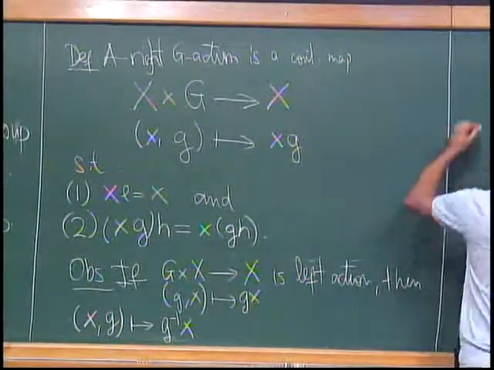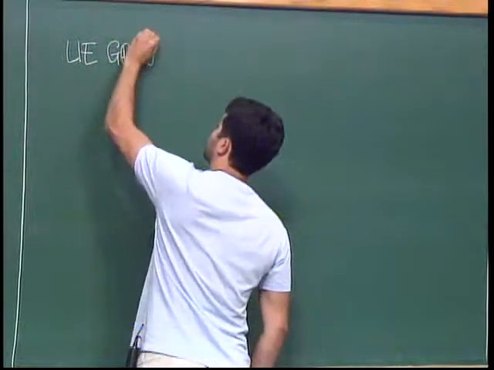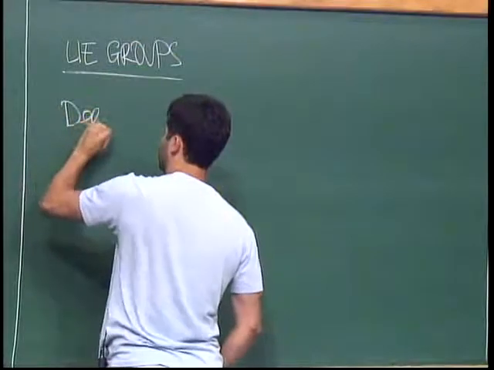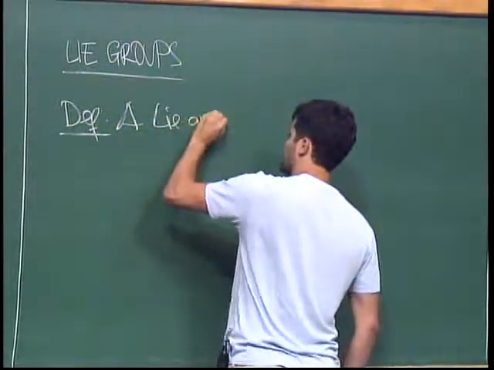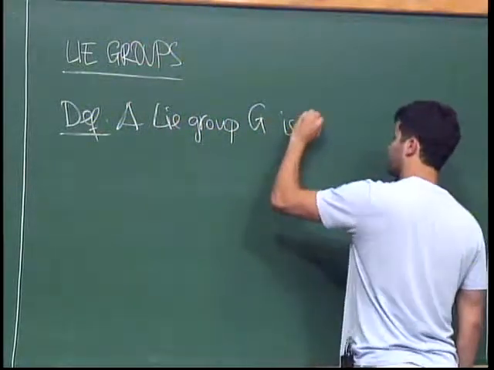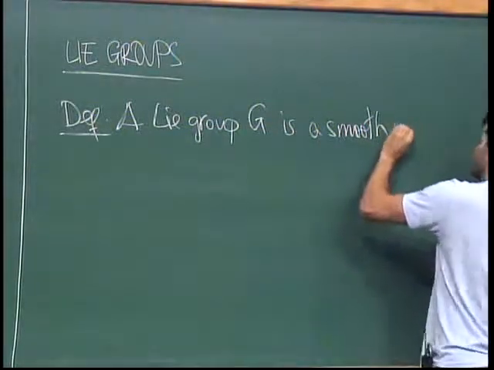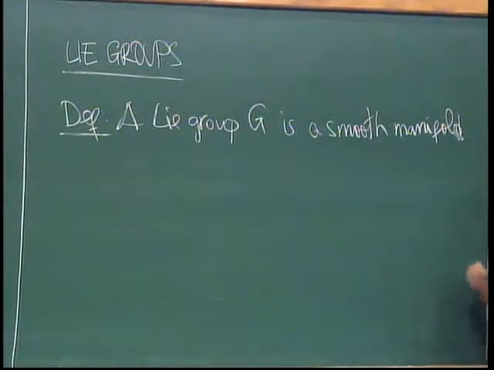Okay, so what do I have to say about Lie groups? And what is a Lie group? First. So a Lie group G is a smooth manifold that is also a group.